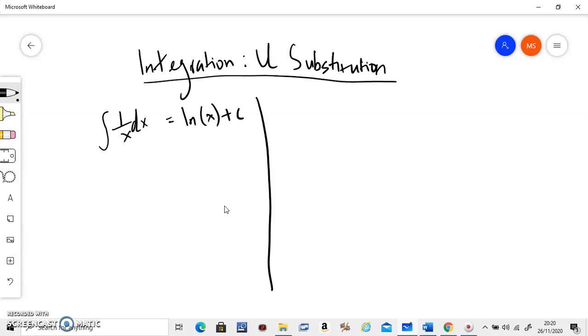But what if I give you something like this that does not match with your formulas, say 3x over 4x squared plus 1 dx? How do you integrate something like this?